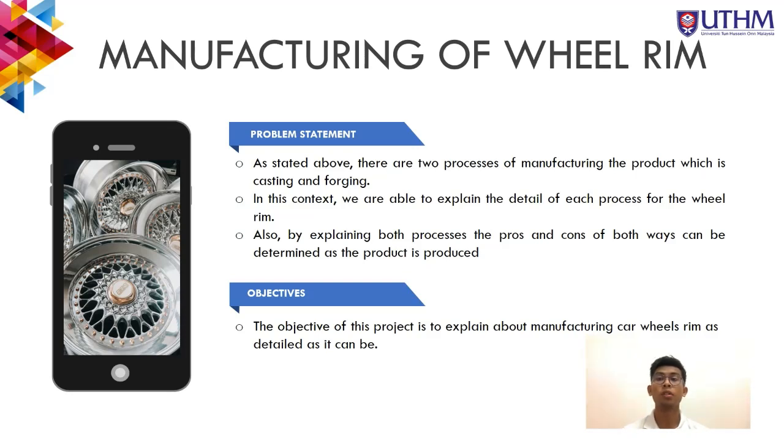And then the objective of this project is to explain about manufacturing car wheel rim as detailed as it can be. So we will explain the manufacturing of the wheel rim in our project report.